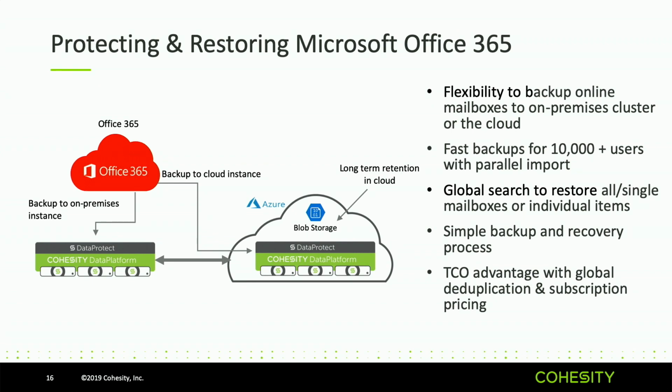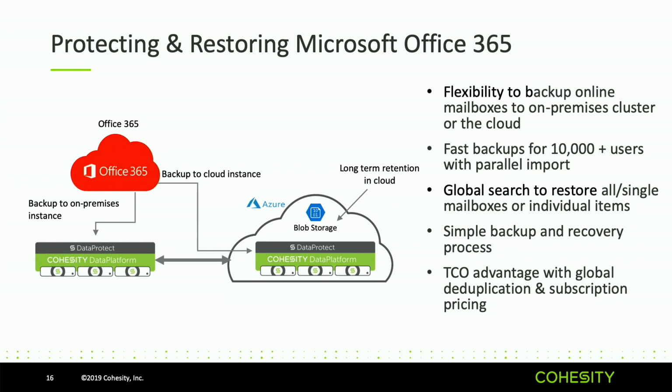So this is where Cohesity fits into the picture and some of the advantages that we offer. As you can see, it would actually be on your left, my right. What we have is the cloud, and then we have two Cohesities. One is on-prem and one is in the cloud.